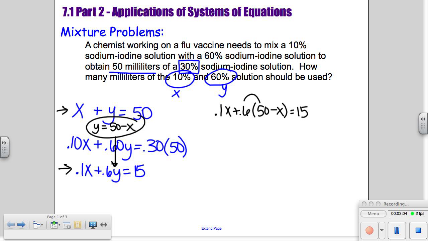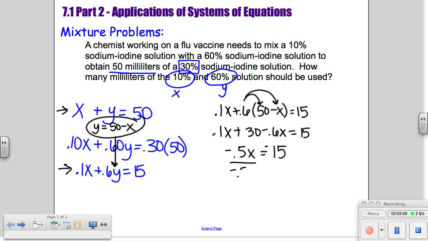And I can't forget to distribute here. Combining some like terms, I'm going to get negative 0.5x equals 15. And I'm sorry, it's negative 15 when I subtract 30 from both sides.